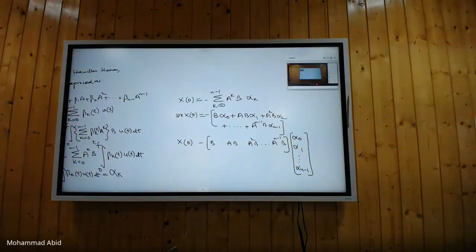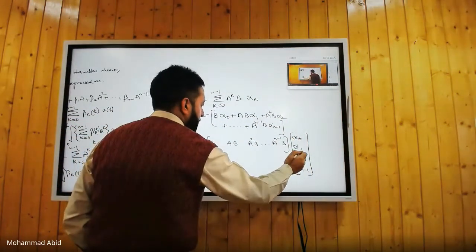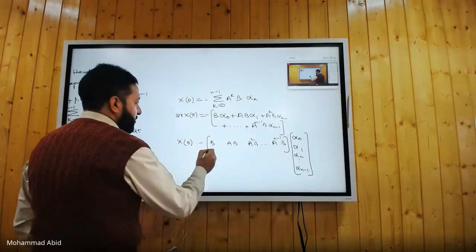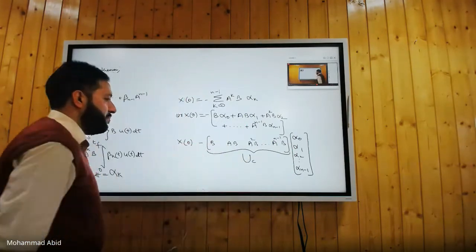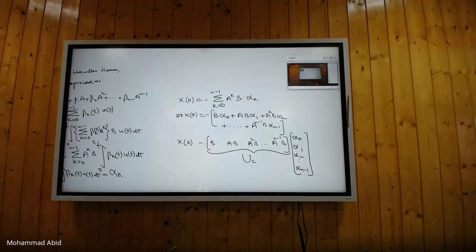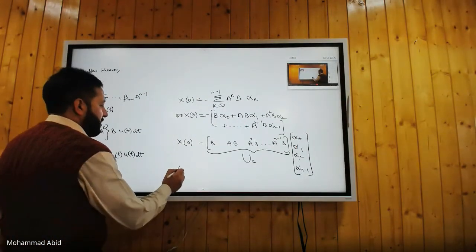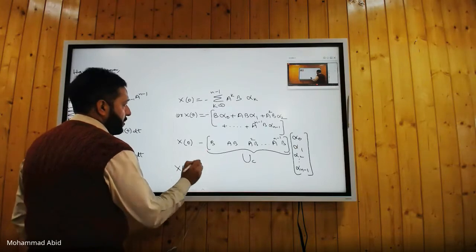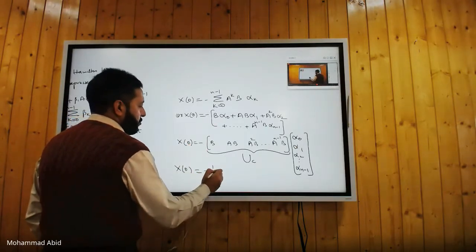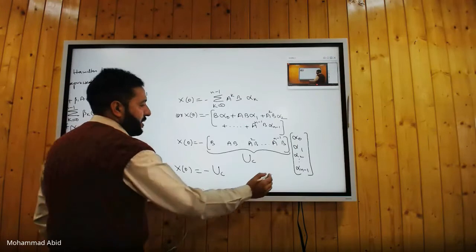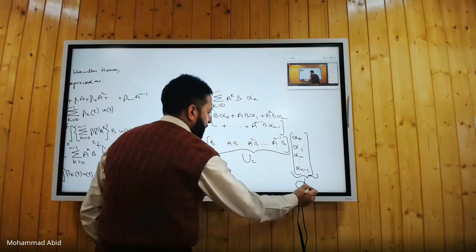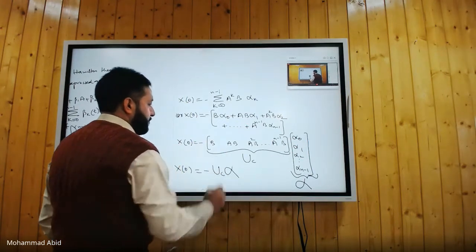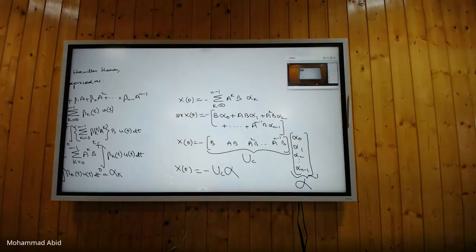Now this matrix we'll call UC. So x naught is equal to minus UC times this column, which I name as big alpha. Okay?